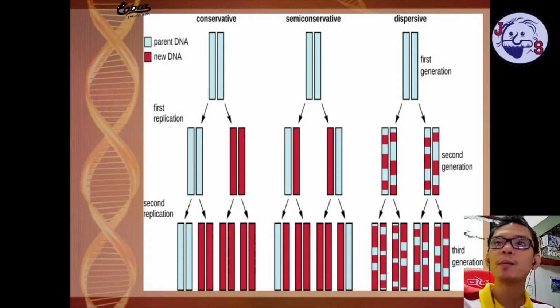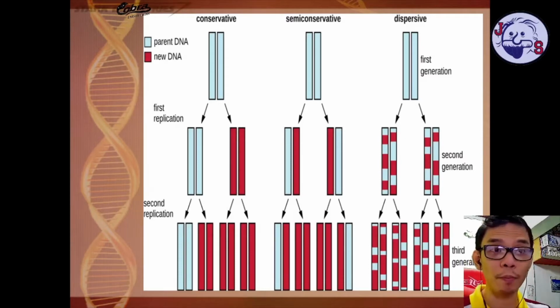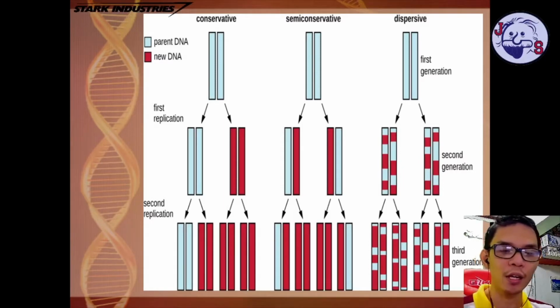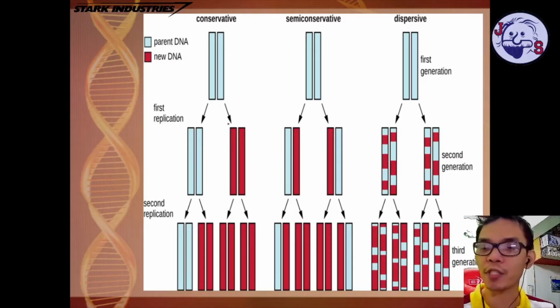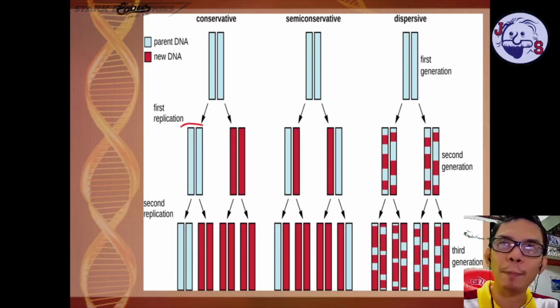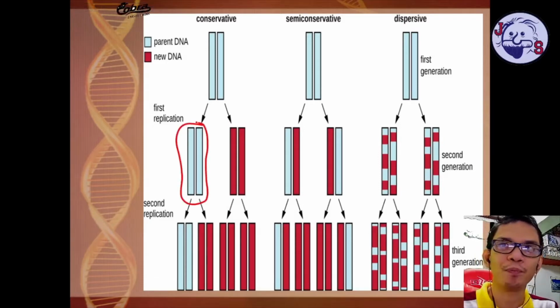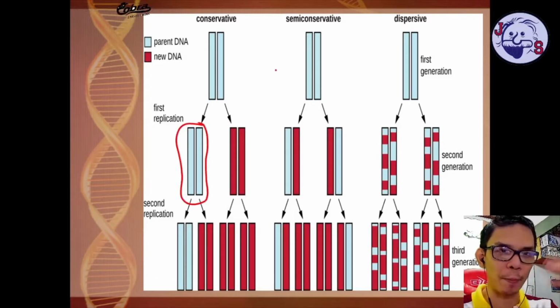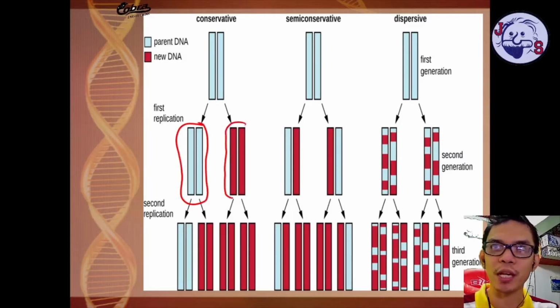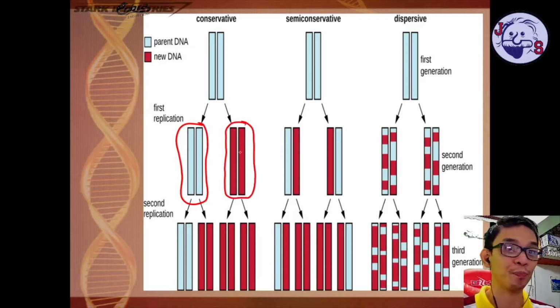The conservative one, from the word itself, conservative means to conserve. It conserves something: number one, the process, and the next one is the DNA itself. In this case, after the first replication, the parent DNA was retained, and it produces a newly synthesized DNA over here.